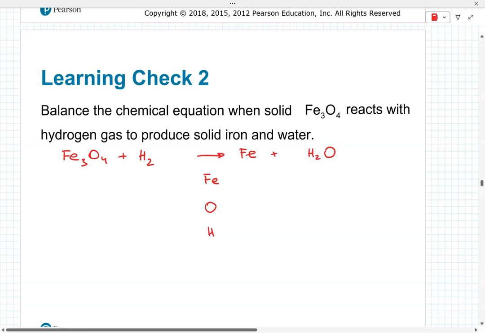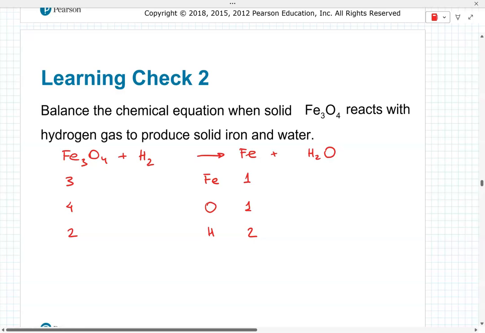Does that make sense? Now you start writing down how many atoms of each element you have in the unbalanced equation. So how many iron atoms do you have right now on the left? Oxygens, hydrogens, on the right, iron, oxygen, hydrogen. So first we need to balance iron.